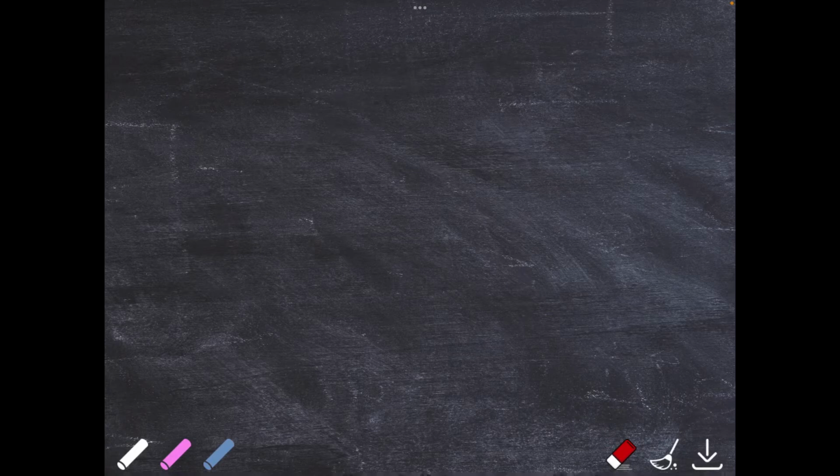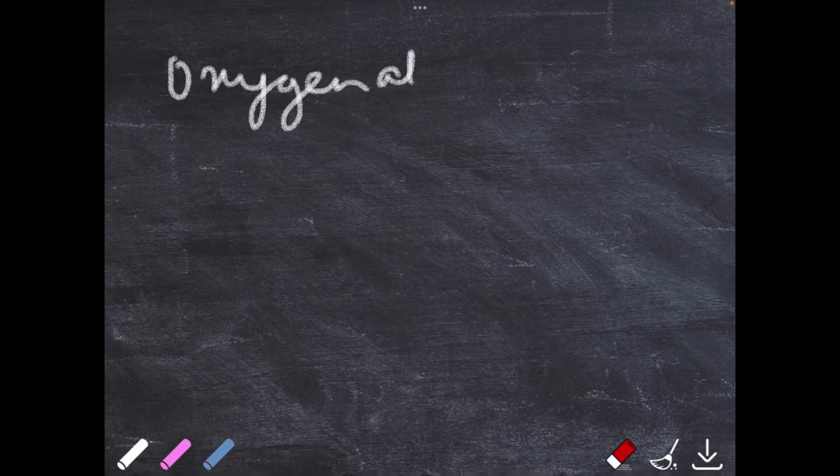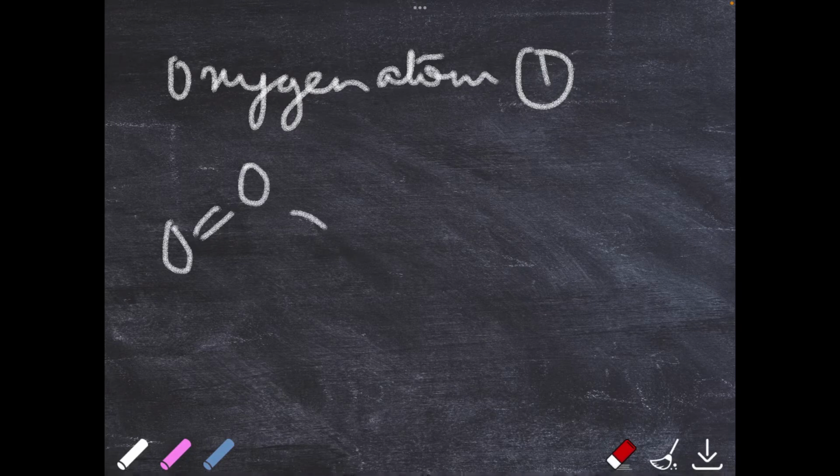Now let's say we have this oxygen atom 1. Let me draw the figure once again. The figure was O double bond O, single bond O, with 2, 4, 6 here, 2 here, and 4 here.